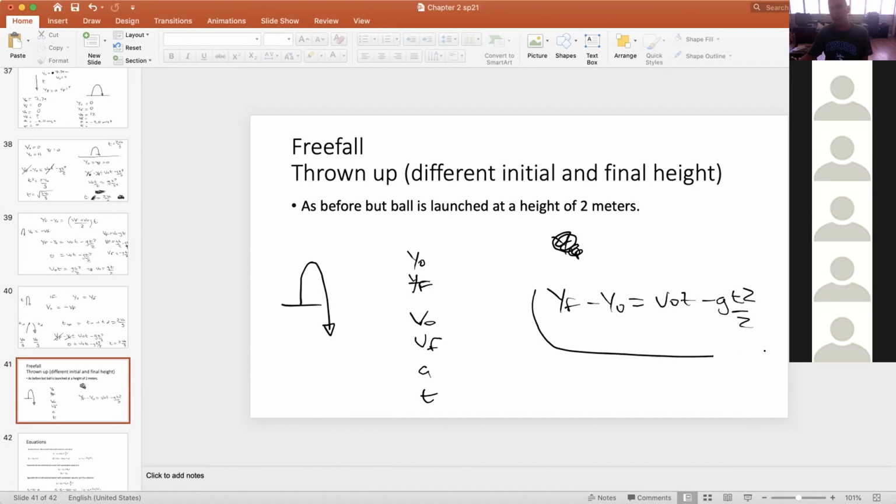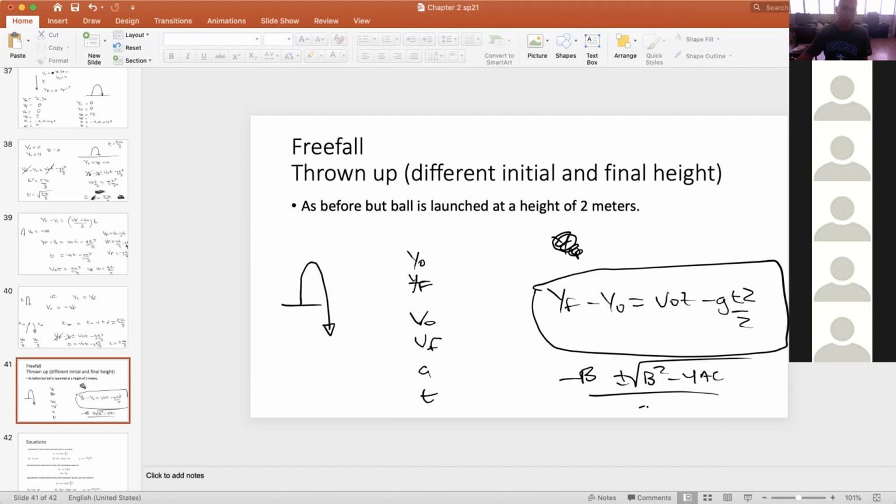So now this equation becomes a quadratic, and you have to solve it with minus b plus or minus the square root of b squared minus 4ac, over 2a, where the term on the t squared is your a, the term on the t is your b, and the constant term is your c, but you have to move those over. Or you could find the time to max height and the time to fall, but t up does not equal t down if they have different heights. So try that out for yourself.